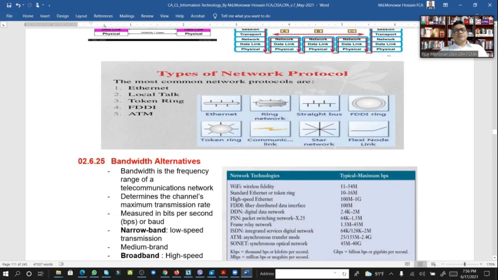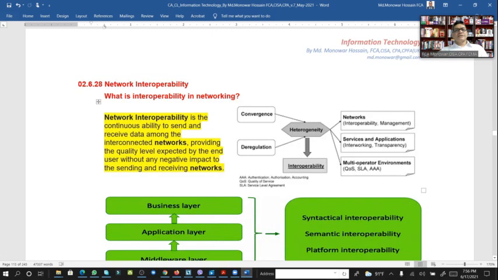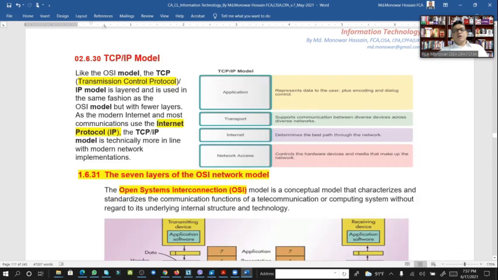We also saw switching alternatives, interoperability in networks, and the 7 layers of Open System Interconnection.